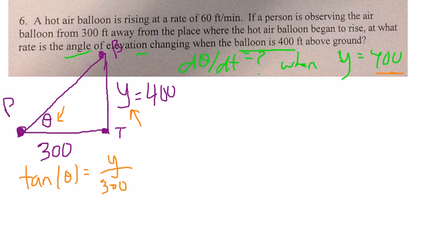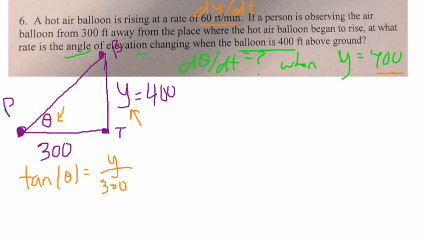The hot air balloon is rising at 60 feet per minute. So that's actually, and I'll write it up here right now, dy dt, because it's rising at that rate. It's hard to write at the top of the screen, dy dt is my 60.